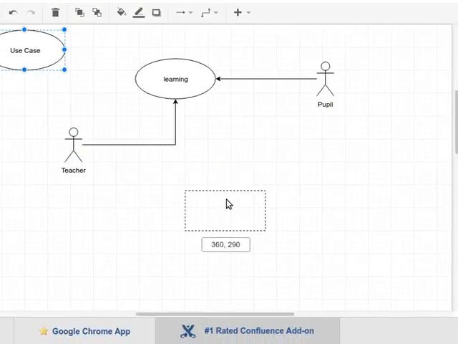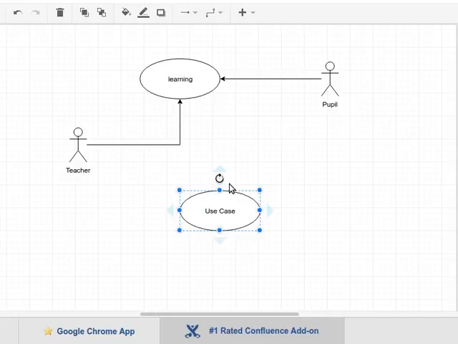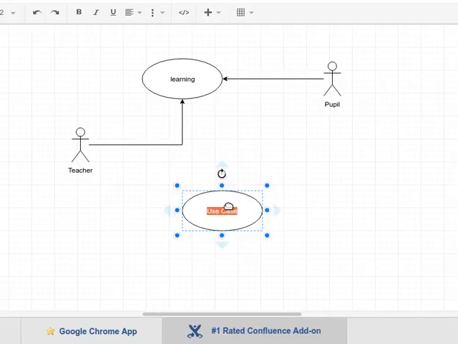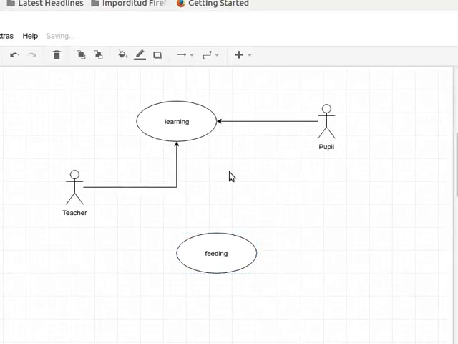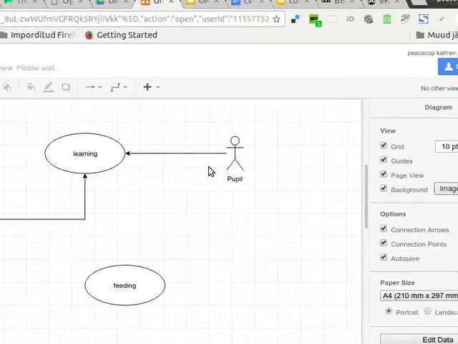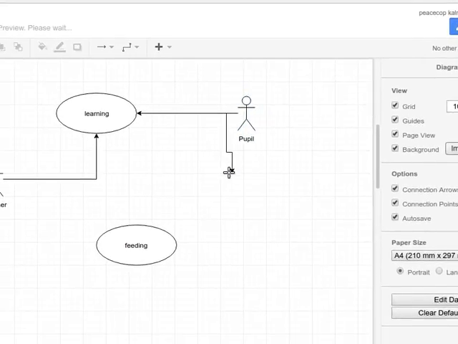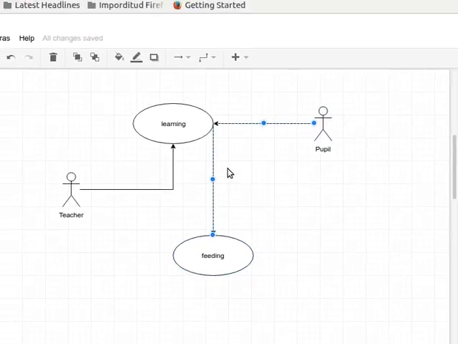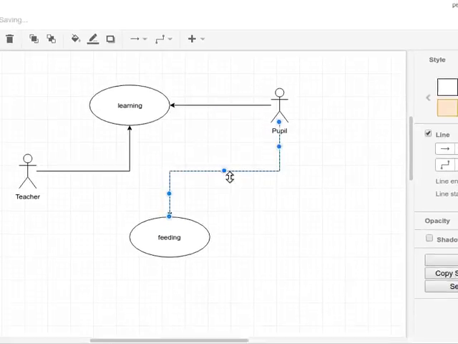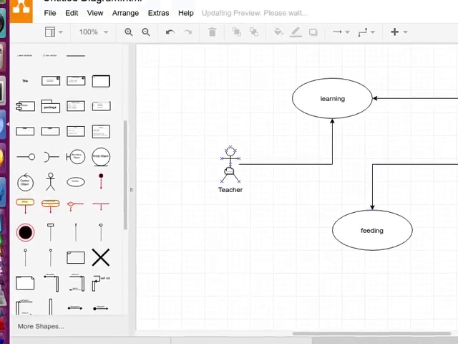The same system also provides some eating, or actually feeding. A pupil takes part, and the teacher takes part.